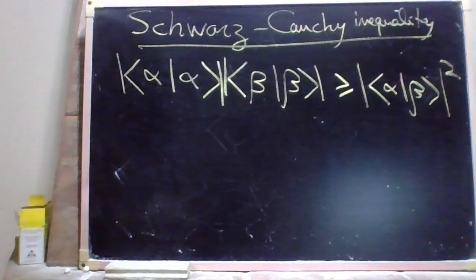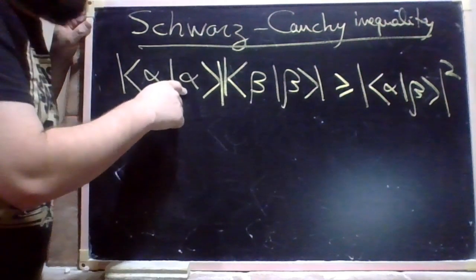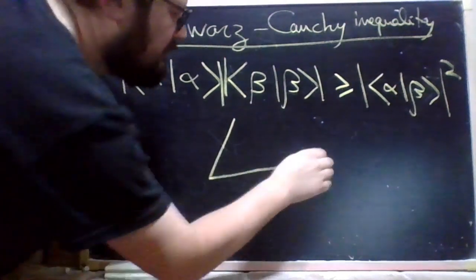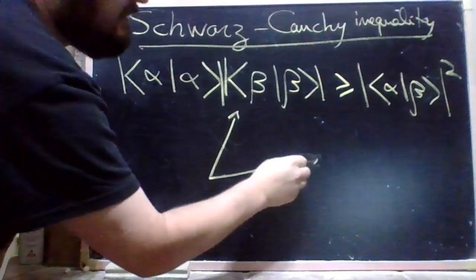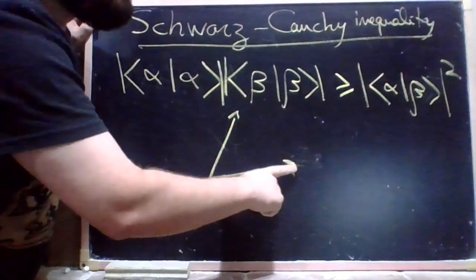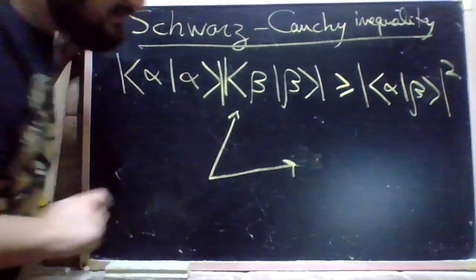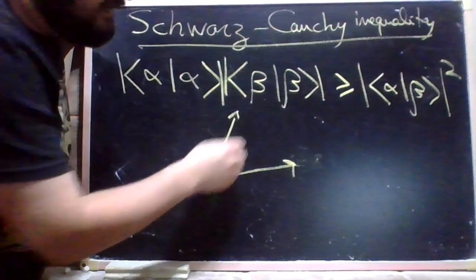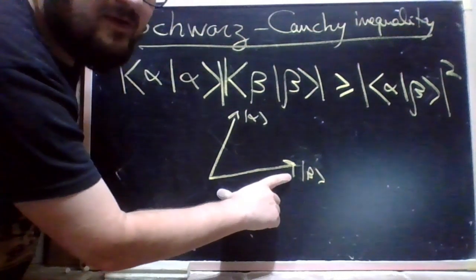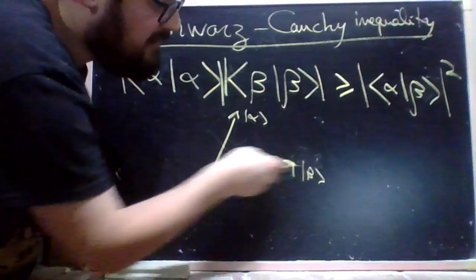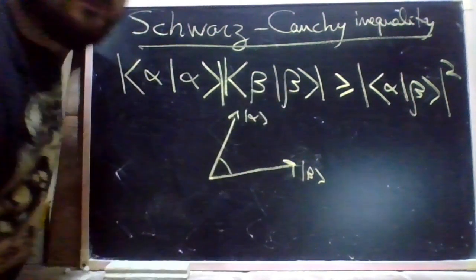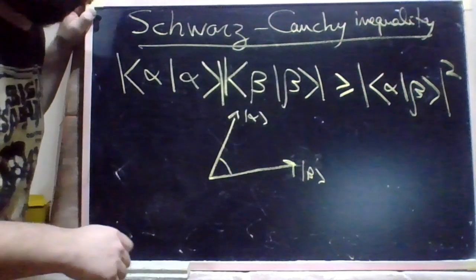It is simple to understand if you pick up two vectors. You can put real vectors also. It's valid for complex vectors, but you can pick real vectors. They can have the same length or size, because in quantum mechanics all vectors are normalized to unity, but it's not really necessary. So this is alpha and this is beta. And the projection of beta over itself is maximized because beta is in the same direction of itself, and also for alpha. But if alpha and beta form an angle, with complex vectors it is more difficult to see that.